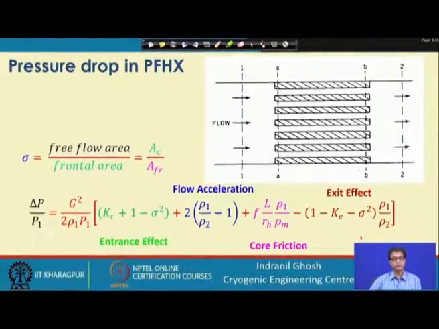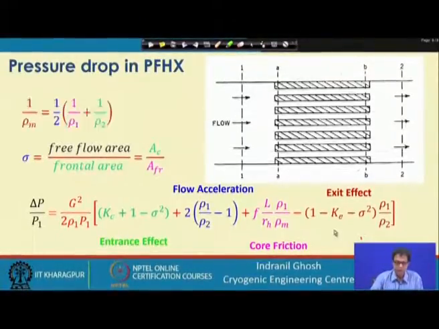You will find that the sigma value will be given, and from there we may have to calculate the free flow area, or sometimes we have the idea about the free flow area and that ratio gives us the sigma value. So, we have another term here that we have encountered, that is rho m.